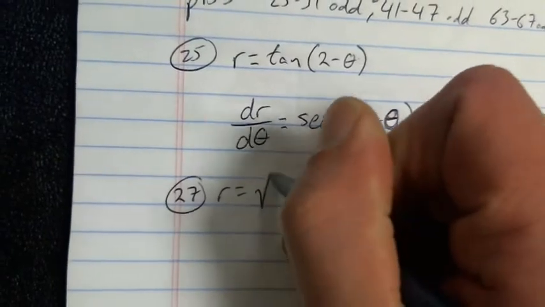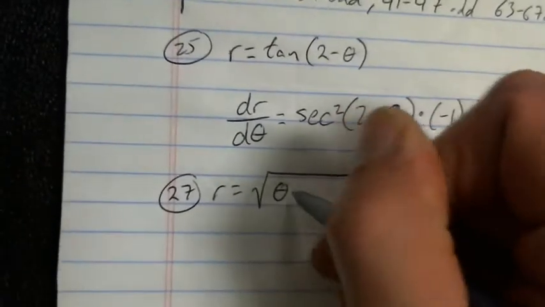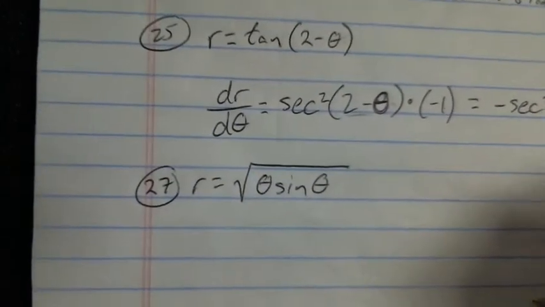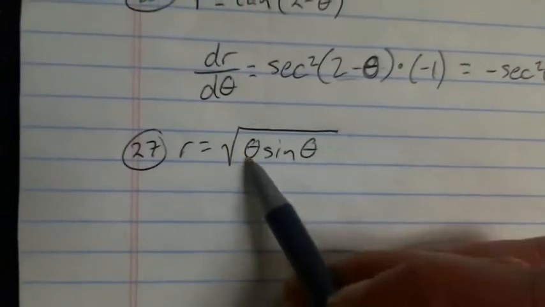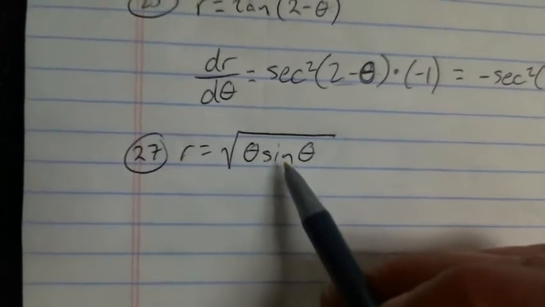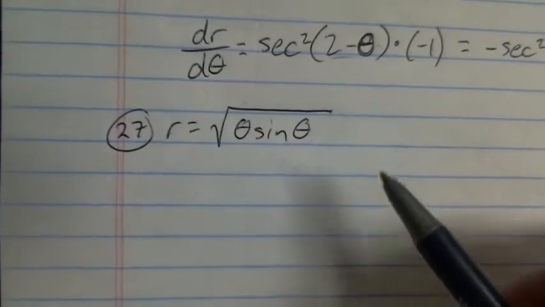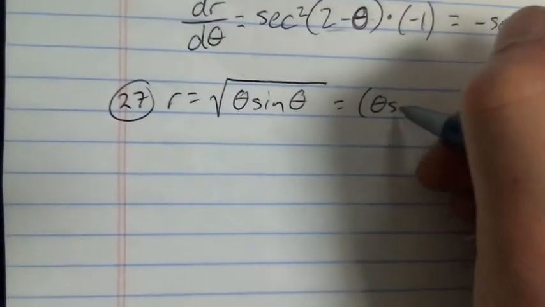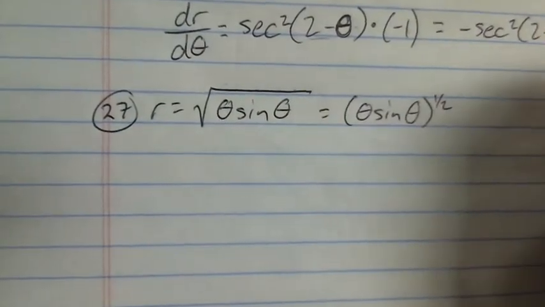r is equal to the square root of theta sine theta. So we're going to have to do a couple different things here. First, we got something in parentheses that is going to be to the 1/2. Then inside, when we go to take the chain rule, the derivative of the inside is going to be done by power rule. So let's change this up to theta sine theta to the 1/2.